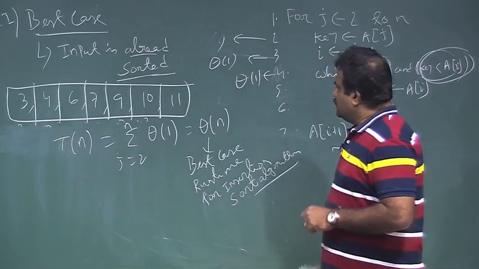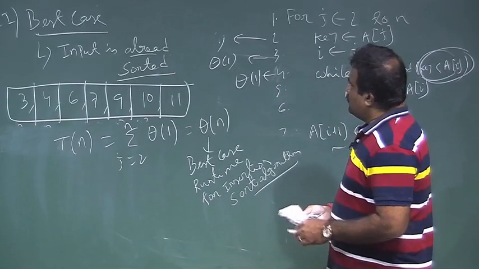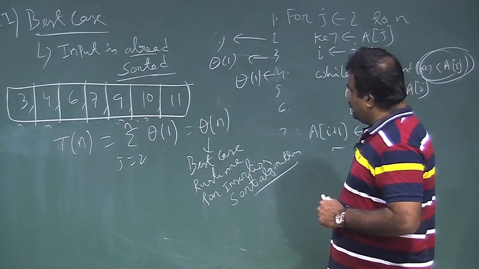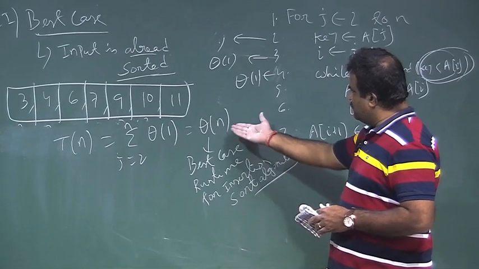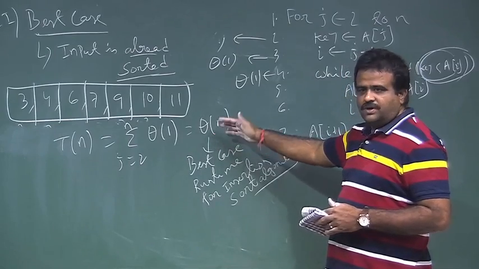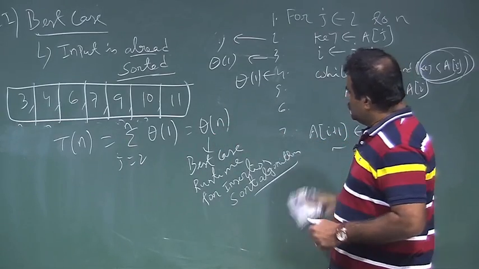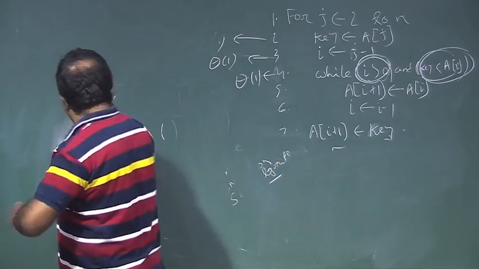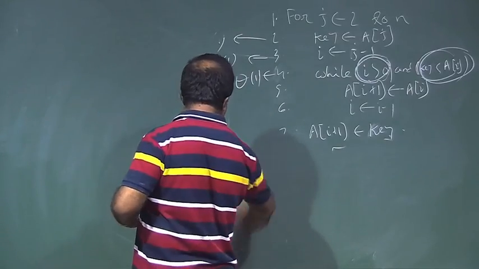Okay. Now we talk about another analysis, which is called average case analysis. This best case is big theta, basically big O and big omega also. Now we talk about the third one, the average case analysis of insertion sort.